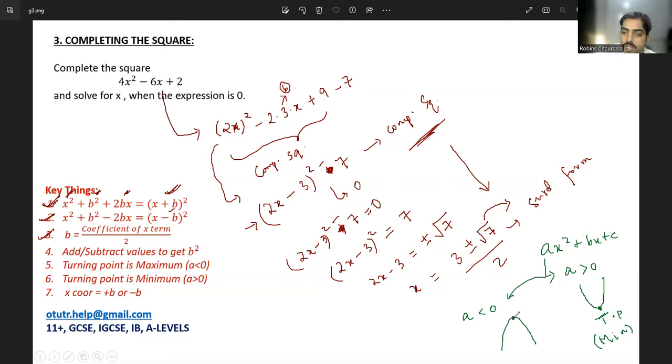And at this point, the turning point is here, if a is less than 0, and it is maximum. So I hope it is clear that maximum will exist in the case where the graph is open downwards, that means a is negative, and minimum will exist when the graph is open upwards. So the turning point can be maximum or minimum. So they can ask you what is the maximum point of the graph, is the turning point maximum or minimum. All those things can be understood from this a value in the main expression.